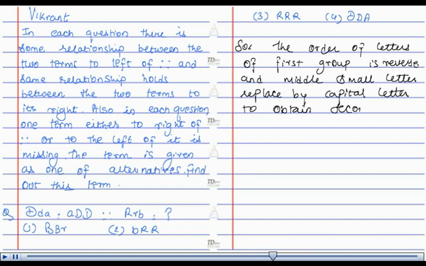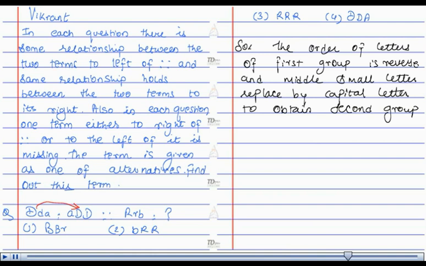So we can say that when we are moving from this group to this group, A is reversed in its position, like A here is on the third position and here it comes on the first, and the remaining alphabets are made capital.